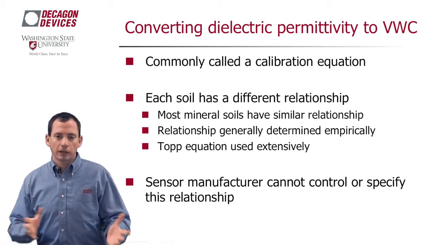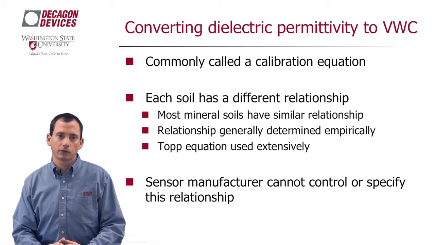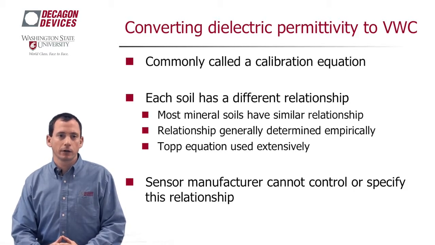So these relationships that we use to predict water content from dielectric permittivity are generally determined empirically. And as I showed you before, that top equation has been used many, many thousands of times as a generic way to get from dielectric permittivity to water content.